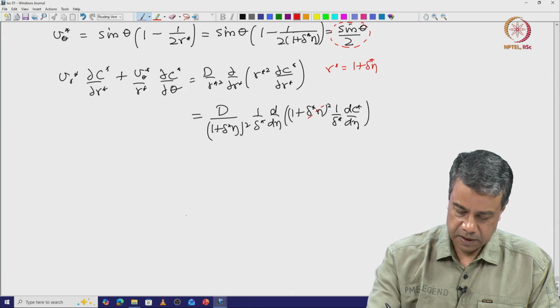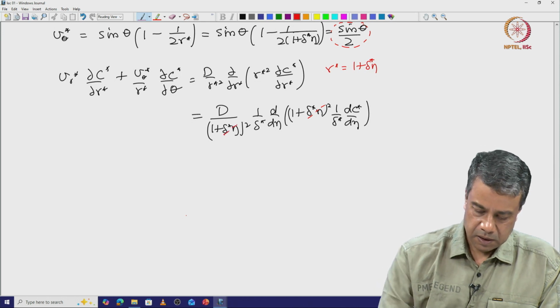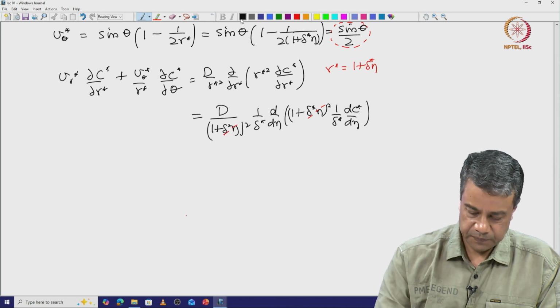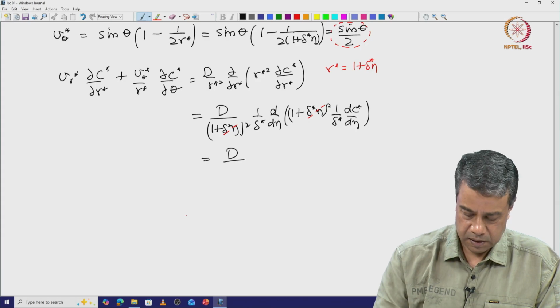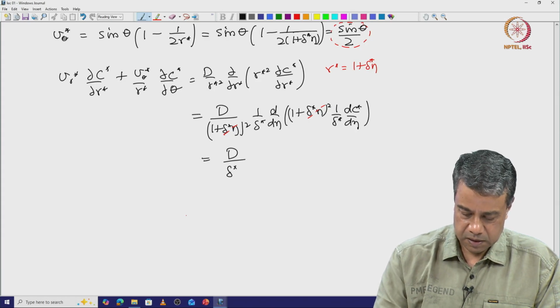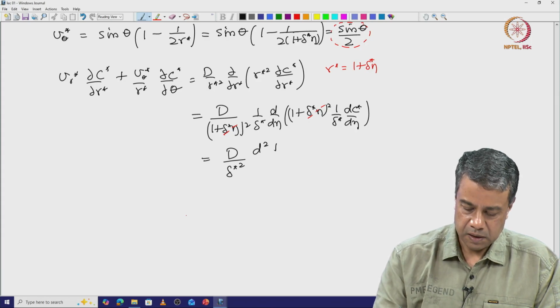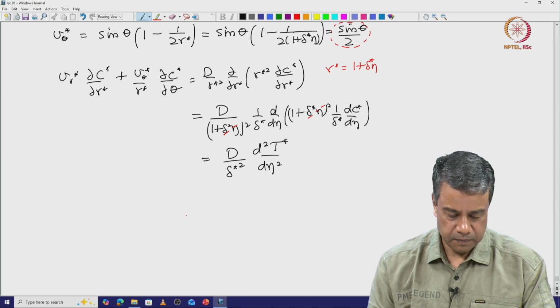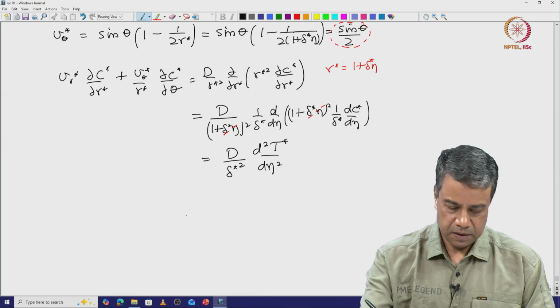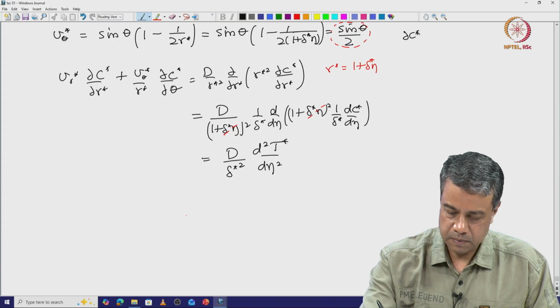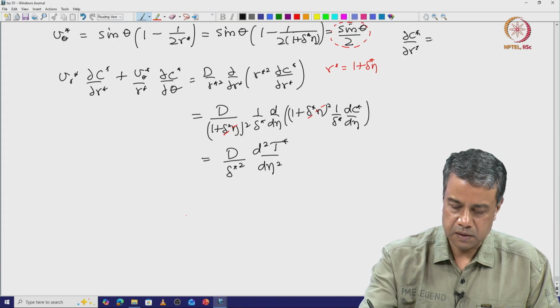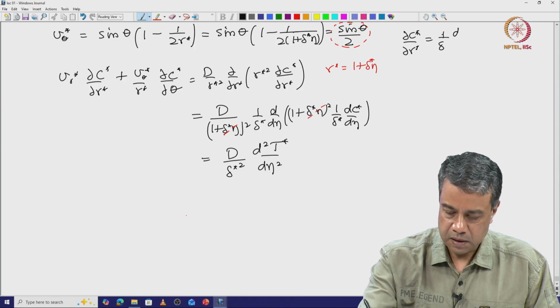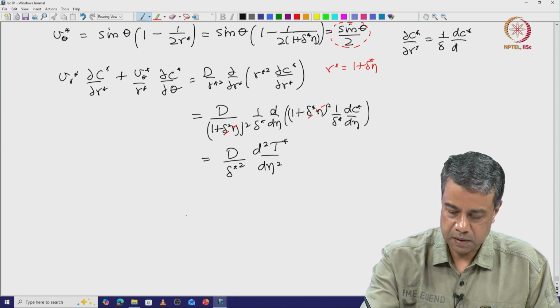And these can be neglected. On the right side I just have d by delta star square d square c star by d eta square. On the left side, partial C star by partial R star is equal to 1 by delta d C star by d eta.